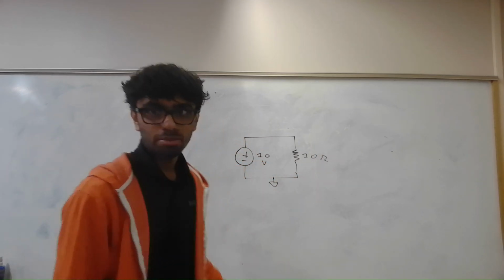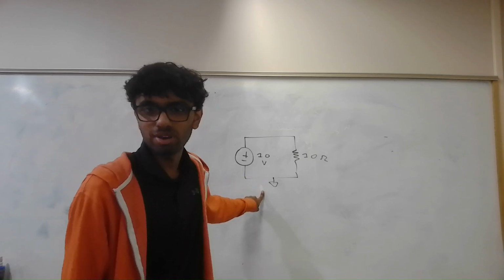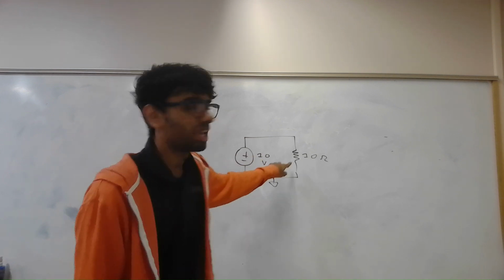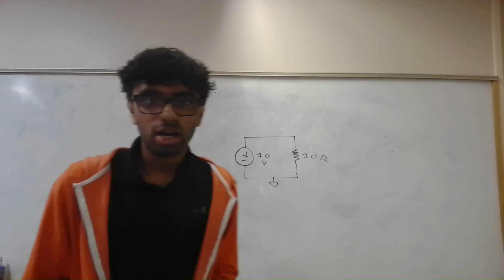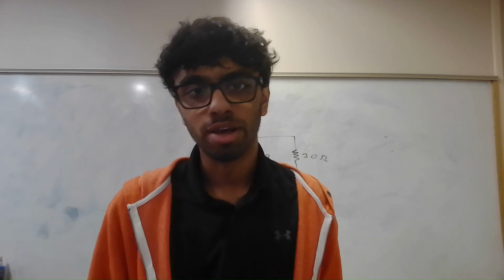So when you add the circuit, make sure to add a ground. LTspice, I don't think it needs it depending on the circuit, but it's good to always add it. Add the battery and add the resistor. And if you're using Falstad, I haven't used it before, but I'm sure the same things apply.